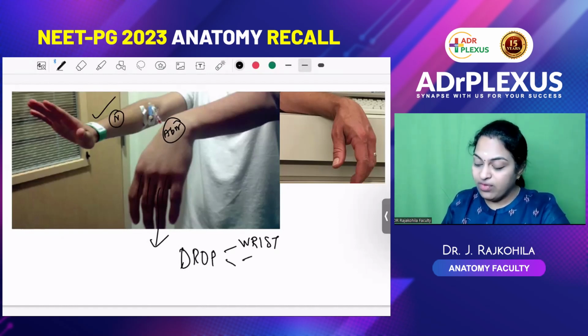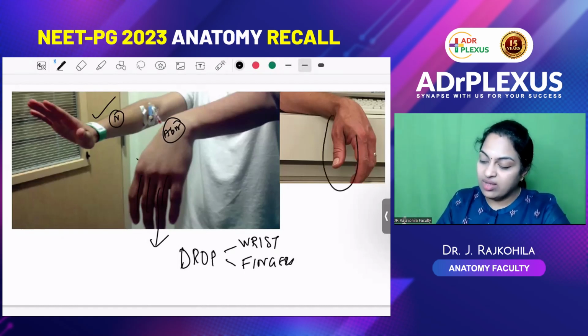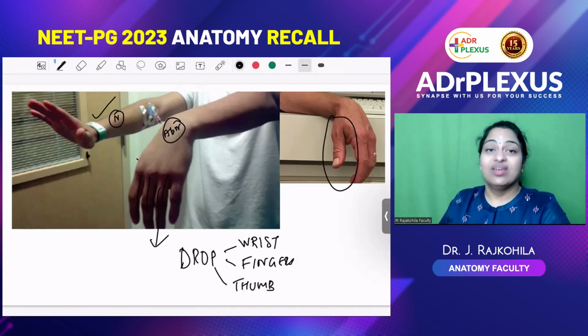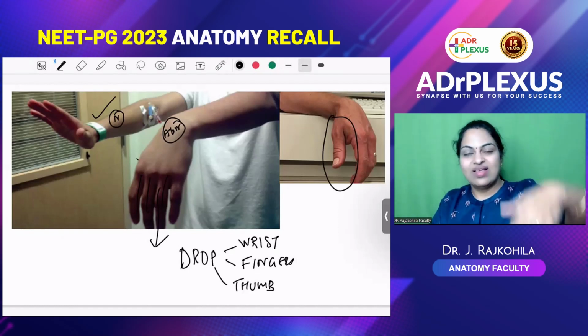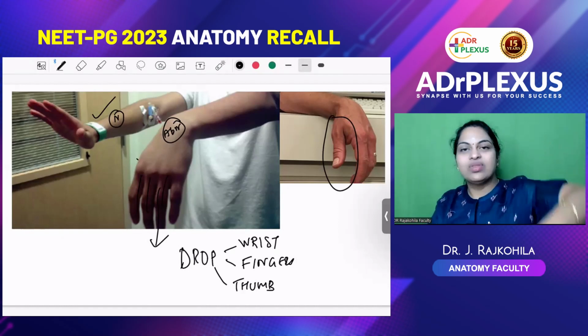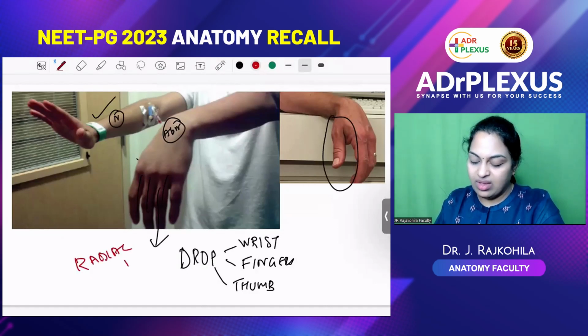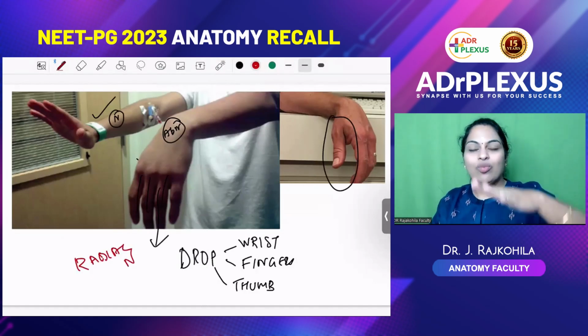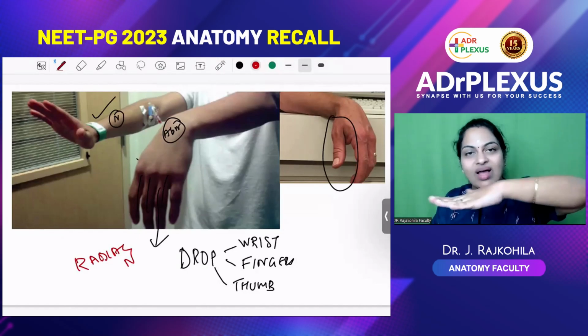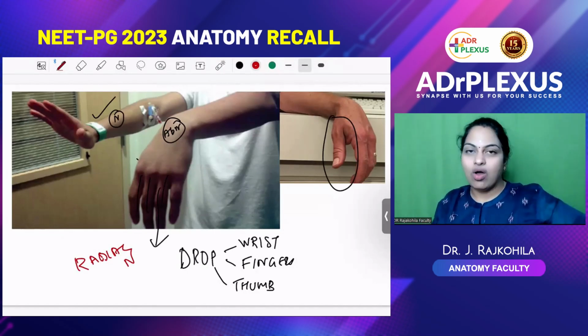There's also drop of his fingers. Here you couldn't see the thumb, that's why I put another picture. There is also thumb drop. Wrist drop, finger drop, thumb drop, which is characteristic of radial nerve injury. So to put it back in position, to immobilize it, that's why they put this cock-up splint.